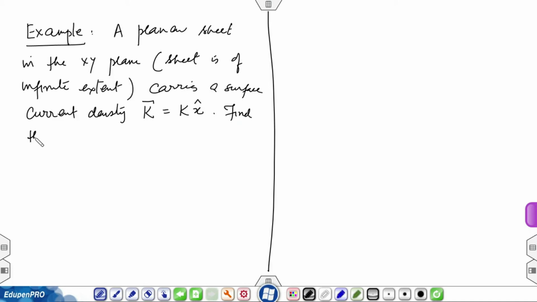Find the corresponding vector potential.